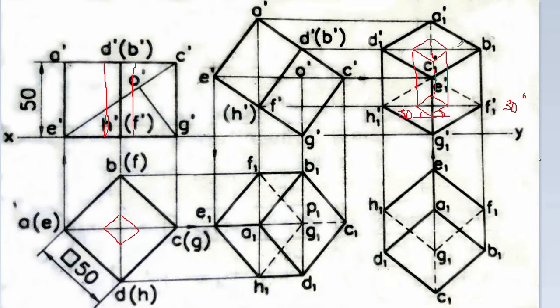And for drawing the isometric projection of a square prism, you have to draw two 30 degree lines like this. After that, you can take 0.816 times the actual dimension of that prism, and you can mark this point and this point.